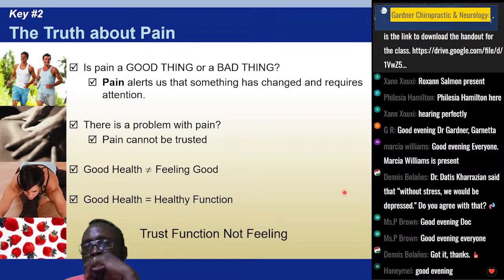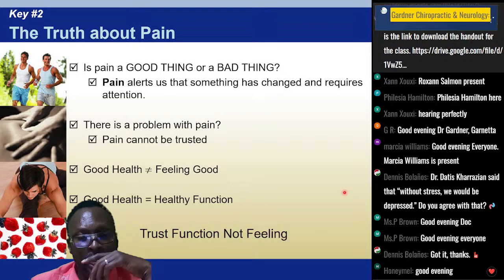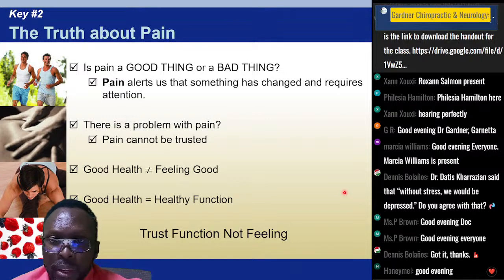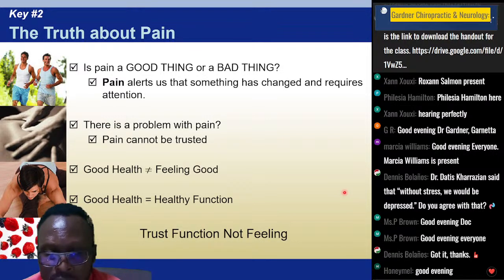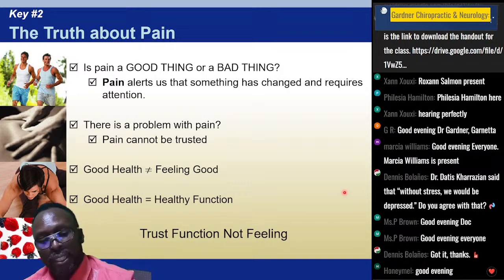So when it comes to these things, it's important to appreciate that we have to start trusting how our bodies are working and not simply how they are feeling.